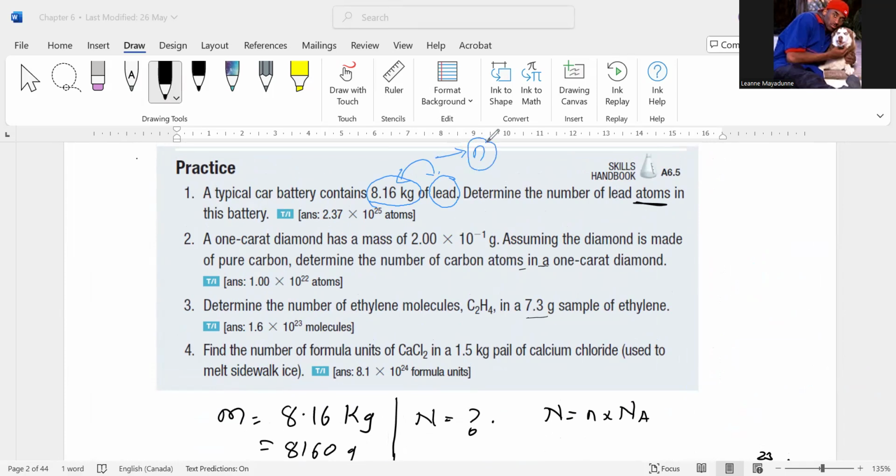After you get the moles, then comes the determination of capital N. So if mass is given to you, you will determine n, and from that n, you will determine the number of entities. Correct? Will you be able to do it?